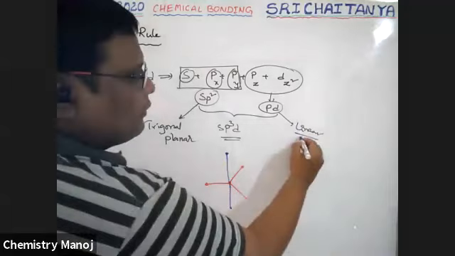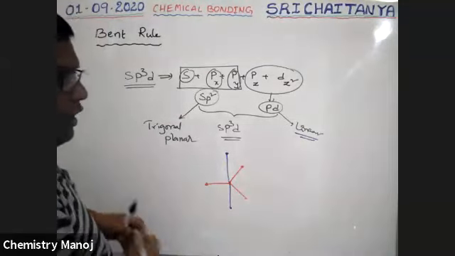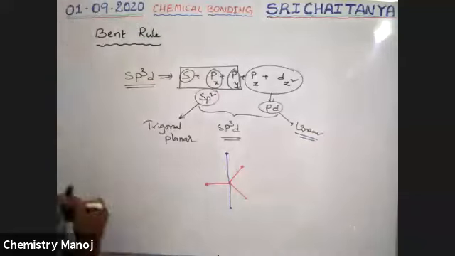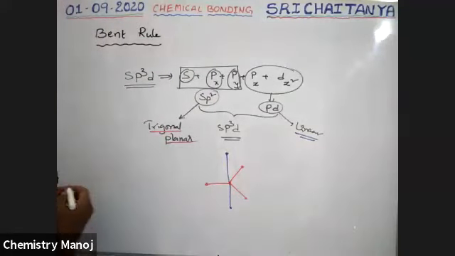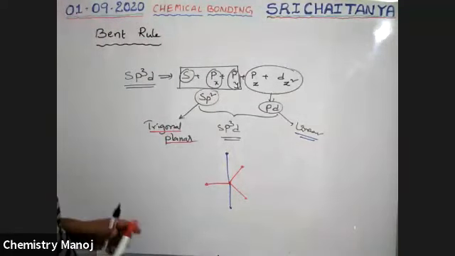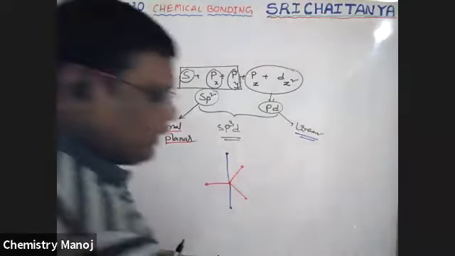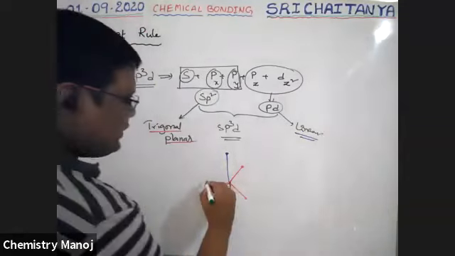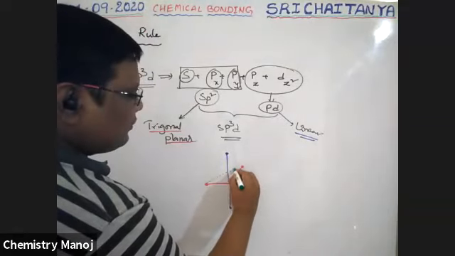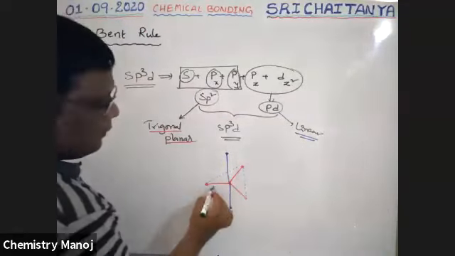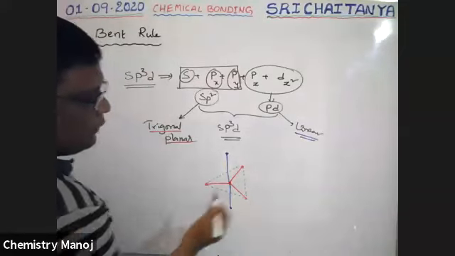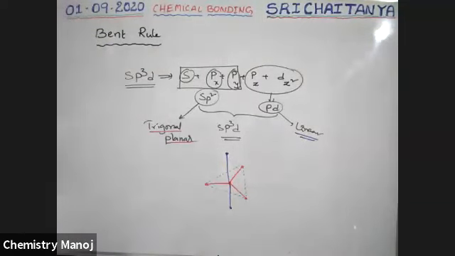So linear with blue lines, trigonal planar with red lines. This is the trigonal planar shape, boys.